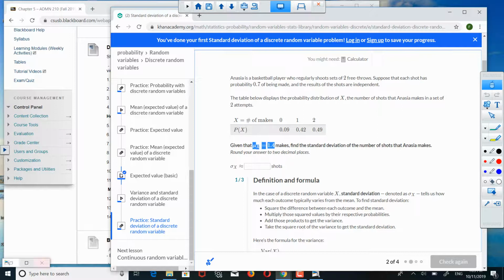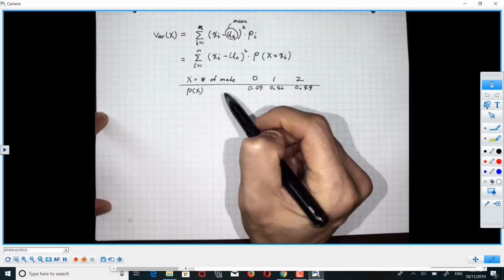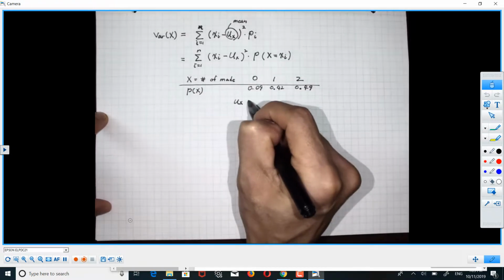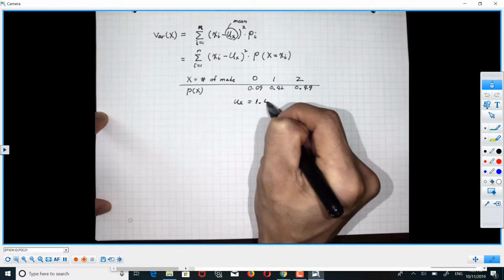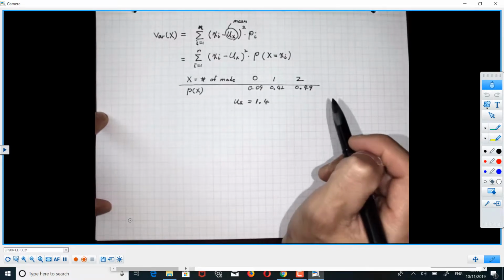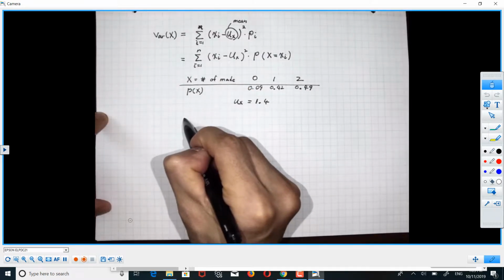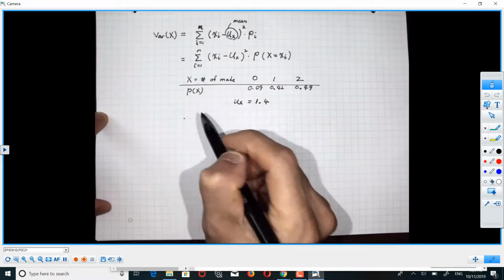So this is the table, right? And the good thing is the mu x, the mean of random variable x, is given, which is 1.4. Or we can find this using the formula that we previously learned. So basically, to find a variance, we must know the mean.